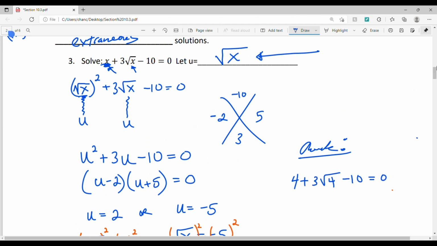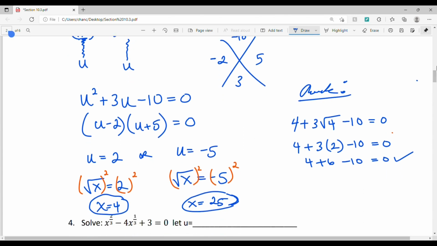Is that equal to 0? The square root of 4 is 2. We have 4 plus 6 minus 10 equals 0. Yes, that's true. So that tells me x equals 4 is a good solution.